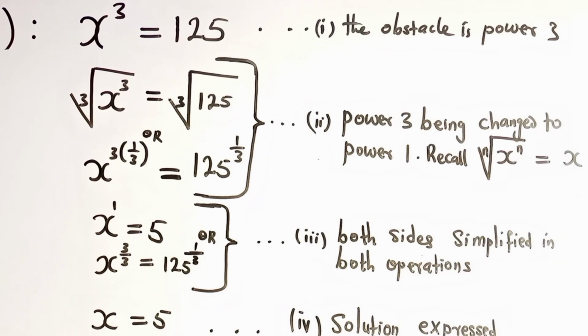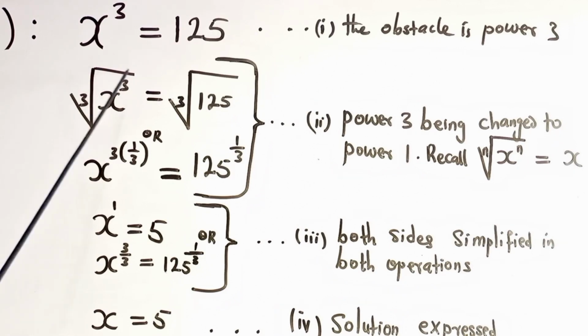Let us look at the first method, which is using roots to clear powers. This is x to the power 3. I want this 3 to become 1. What must we do? Are we still going to use the square root of that x to the power 3? The answer is no. If it is x to the power 2, we will still be right to use the square root of x to the power 2.